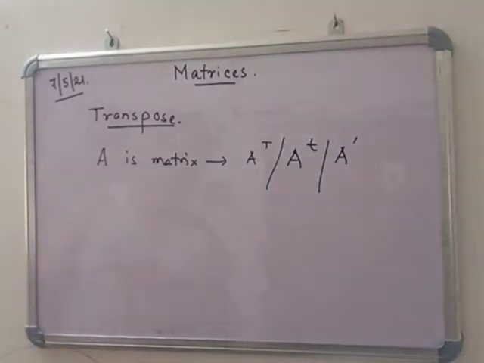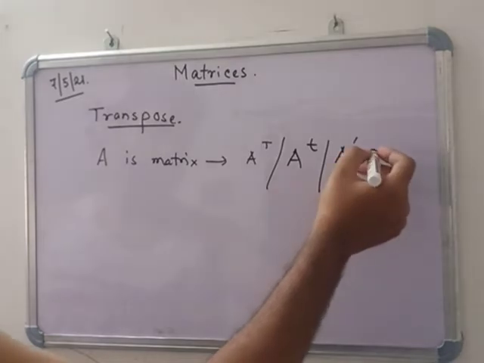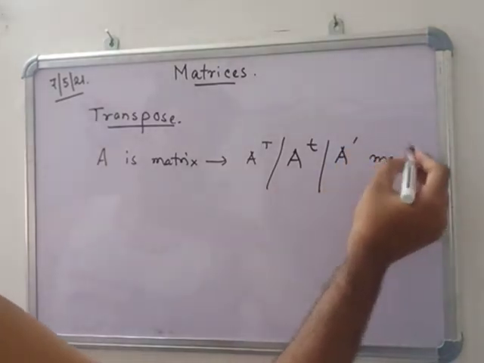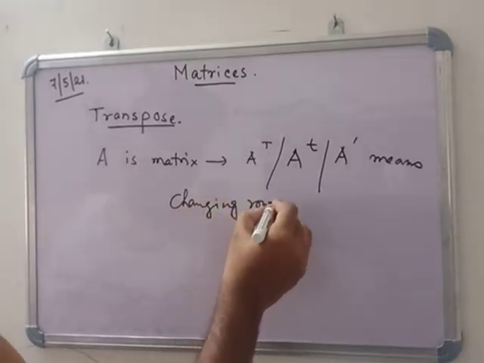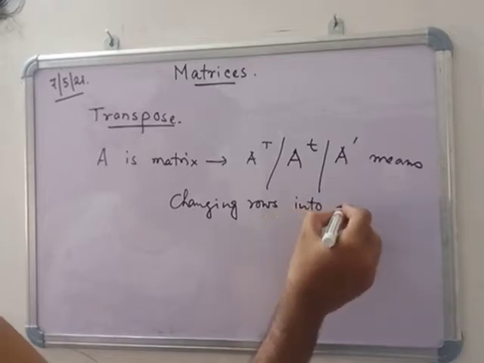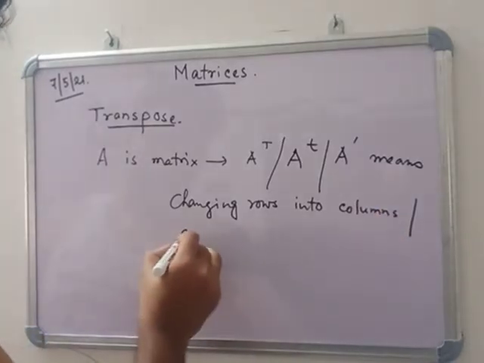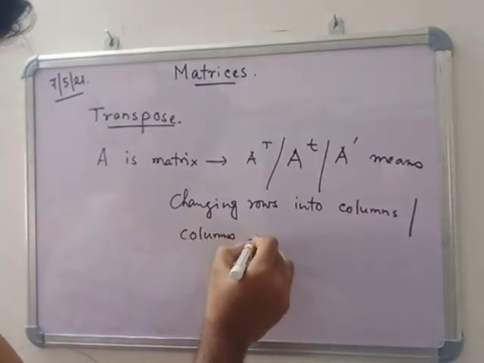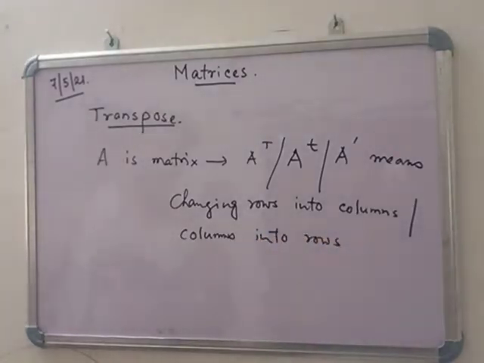All these mean transpose. So A is a matrix and A transpose means changing rows into columns or columns into rows. That means you have to change the rows into columns and the columns into rows. That is A transpose.